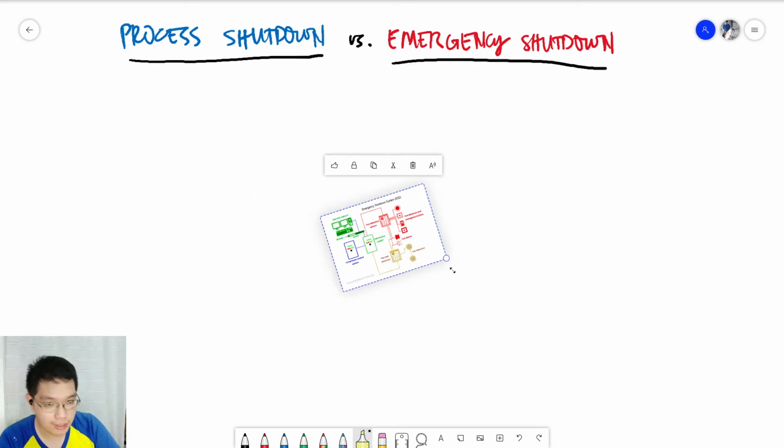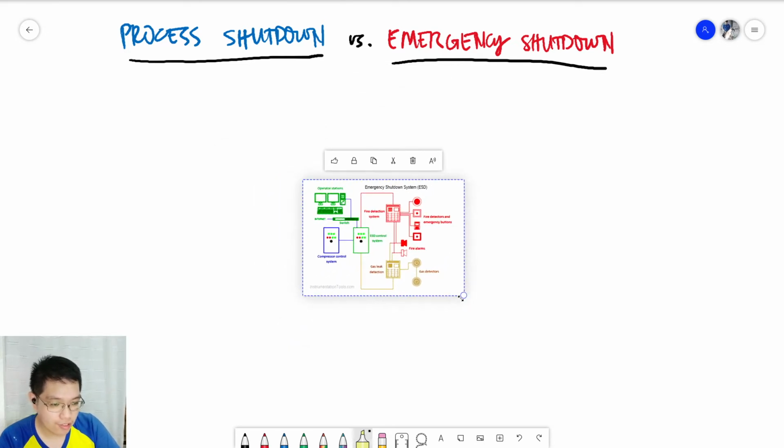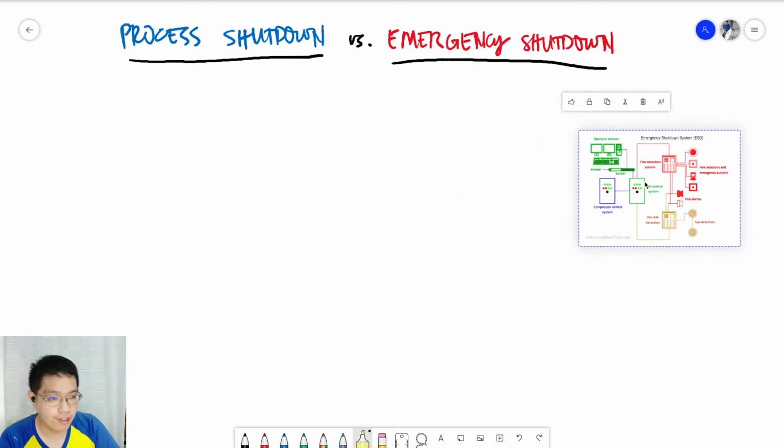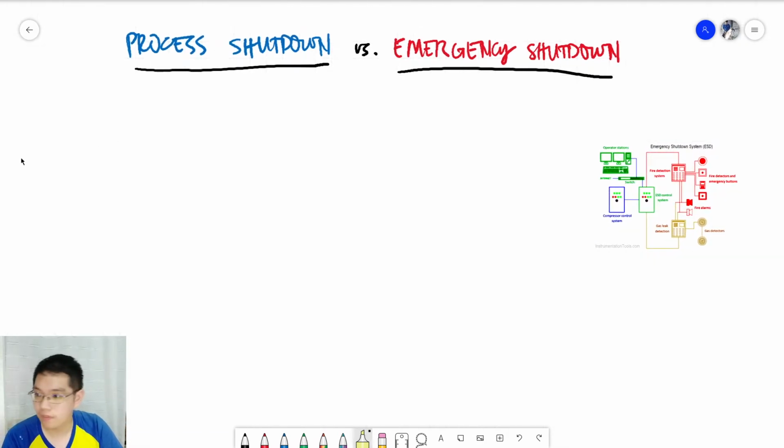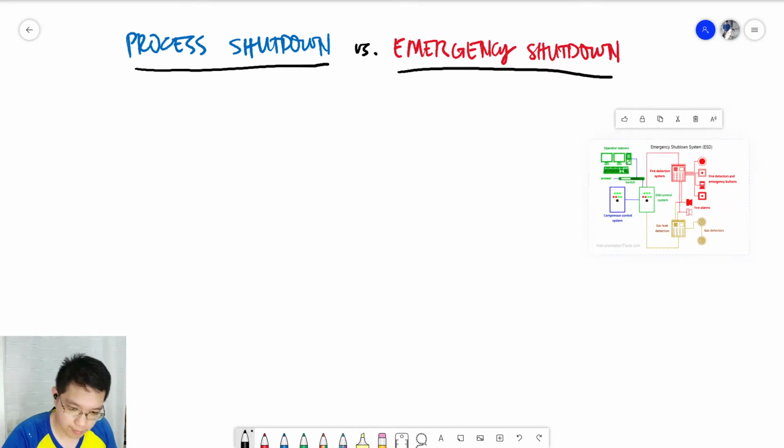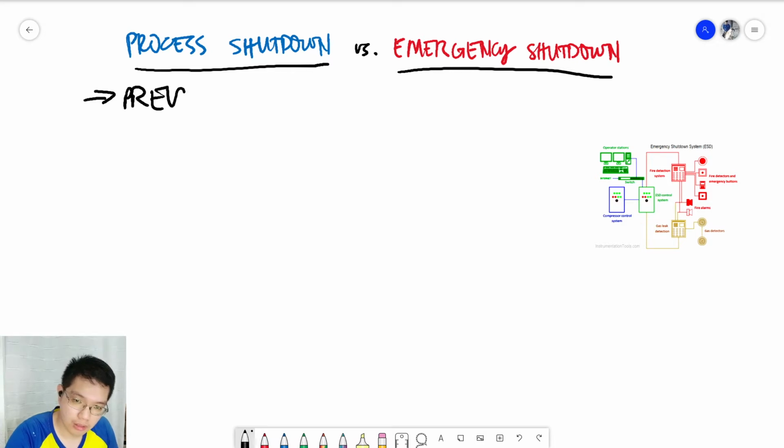Before we get into that, let's talk about the difference. Let's talk about process shutdown first. Process shutdown is done in order to prevent an accident from occurring.